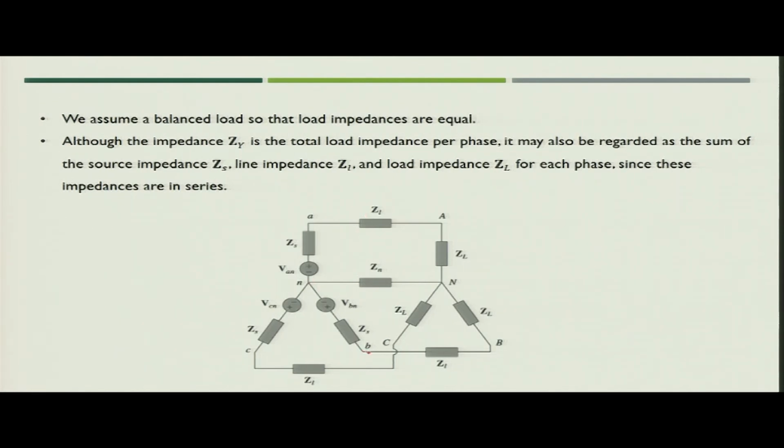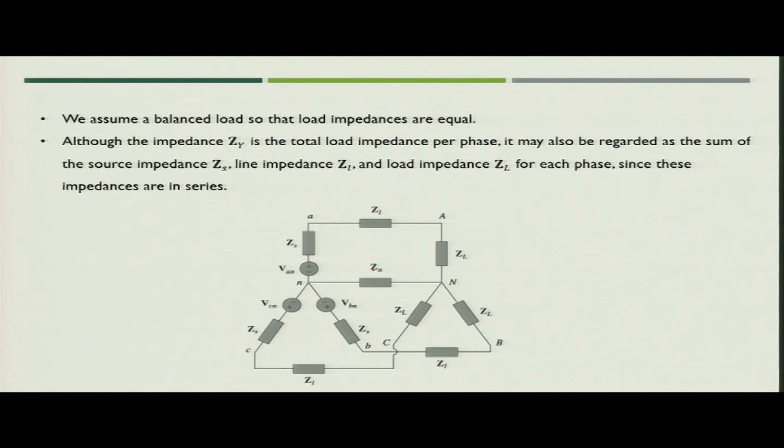Similarly, phase B of the source is connected to phase B of the load through the transmission line and then phase C of the load is connected to phase C of the source through the transmission line. And now, the neutrals of both of the source as well as load are connected through wire having impedance equal to Zn.